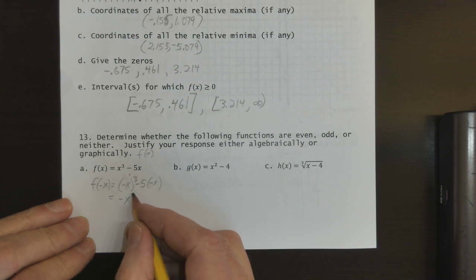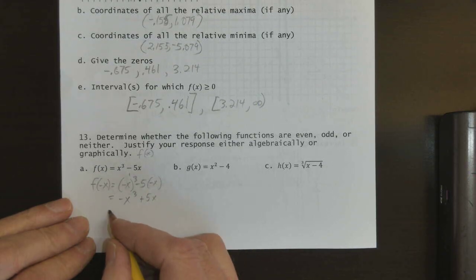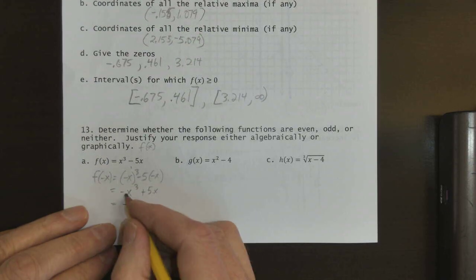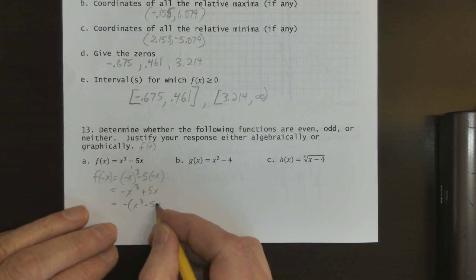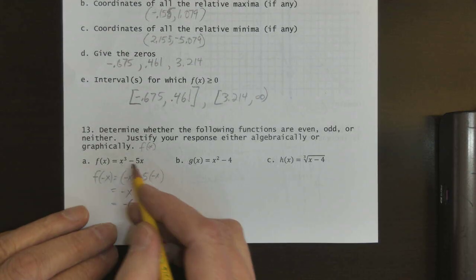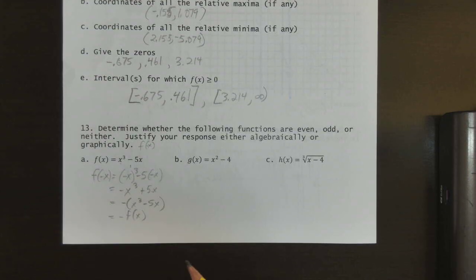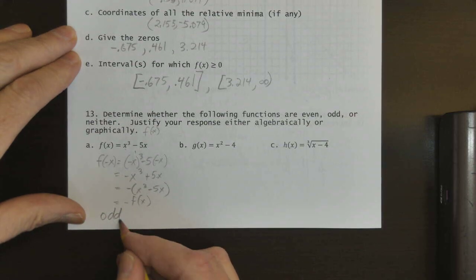That's negative x cubed plus 5x. Is that going to equal negative f? Let's pull the negative out of these two terms. That's negative x cubed minus 5x. That is the negative of f, so that's negative f of x. So algebraically, this is odd.